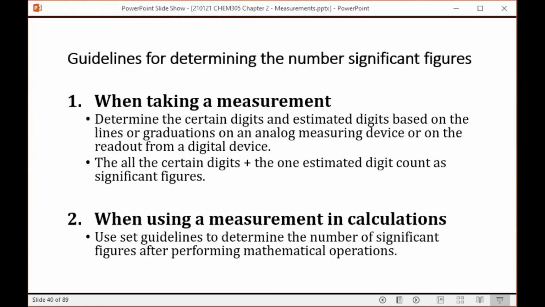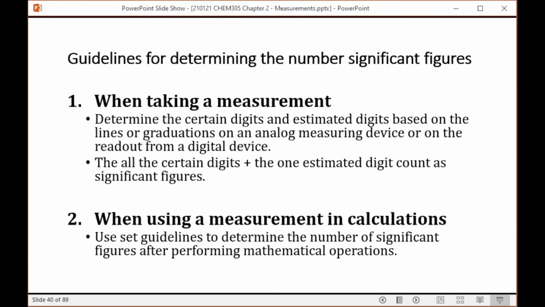When you're using measurements and calculations, we're going to use set guidelines to determine the number of significant figures to include in an answer after we've performed mathematical operations on a number that has sig figs. So what's going to be happening is you take a measurement in the lab or you're working with a number in a calculation that comes from a measurement, and you perform a mathematical operation on it, like you multiply it or you divide it or you add it or you subtract it.